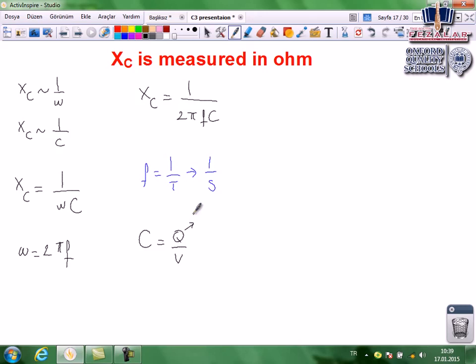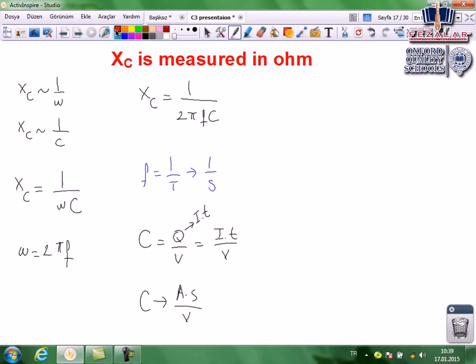So charge can be written as I times T. Let's rewrite the equation. Capacitance is I times T over V. So the unit of capacitance can be written as I is current, so ampere, T is second, over voltage.